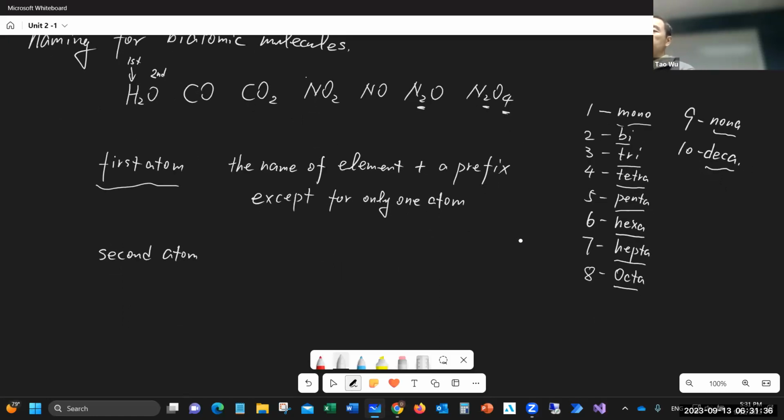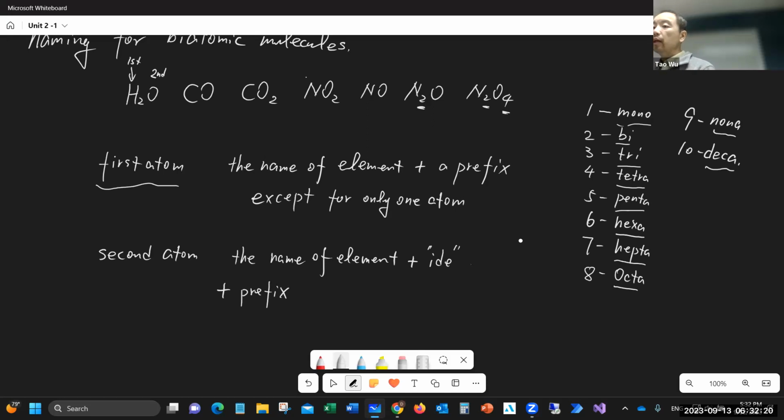The second atom is the name of the element, and then you get rid of the ending and add IDE. Remember the IDE we talked about: when you have a single atom as the second atom, you add IDE, plus the prefix. The prefix follows the same rule.